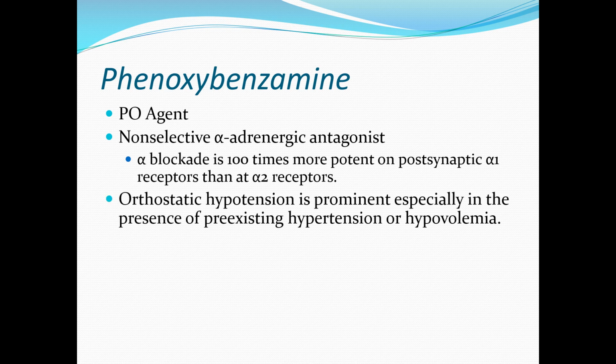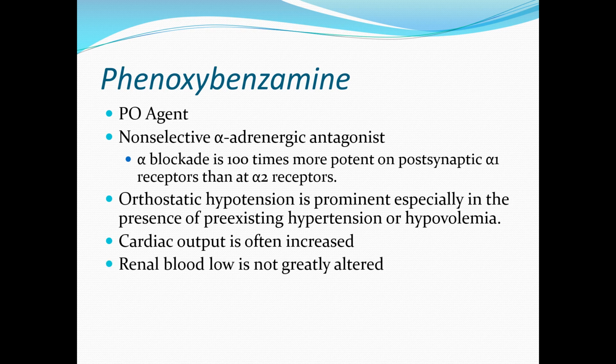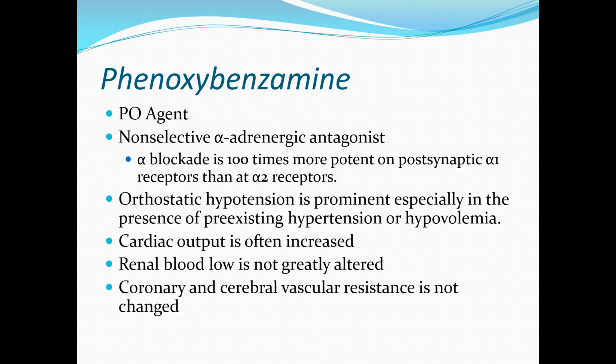So, especially in patients that have hypertension or hypovolemia, pretty much everybody gets orthostatic hypotension when adequately treated. Cardiac output is often increased. Renal blood flow is not affected. Coronary and cerebral vascular resistance is not affected. So that makes it a particularly ideal drug to treat the FEO patients as outpatients.